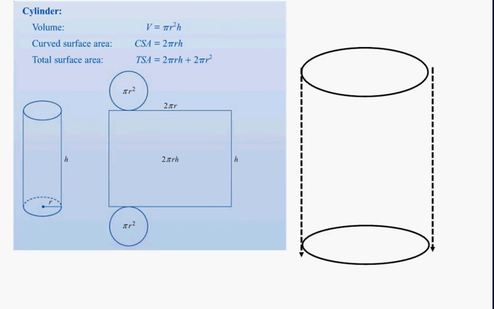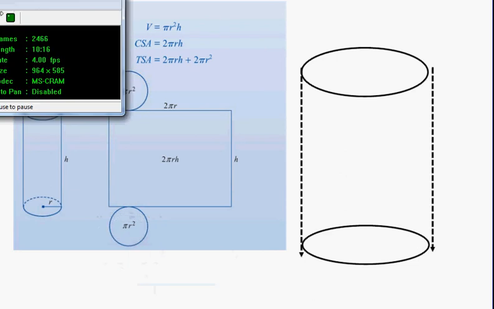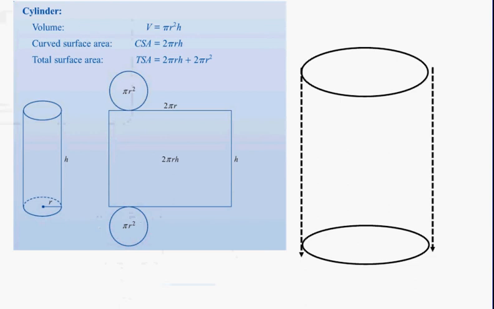Okay. So basically, this length here is 2 pi r because it's the same length as the outer circle. This formula is called curved surface area because it's like a rectangle that's curved.